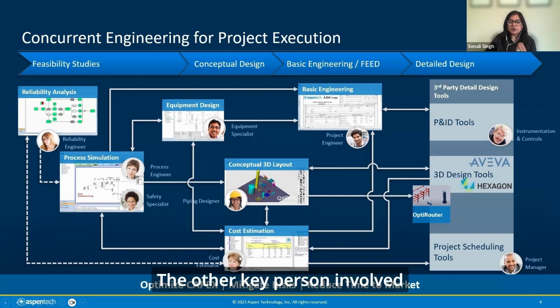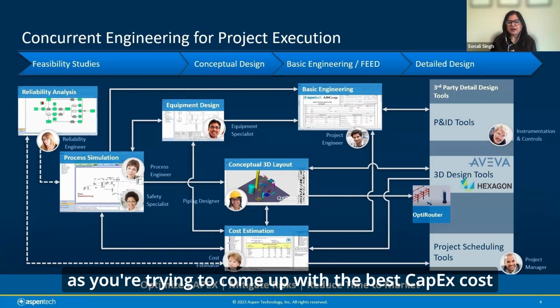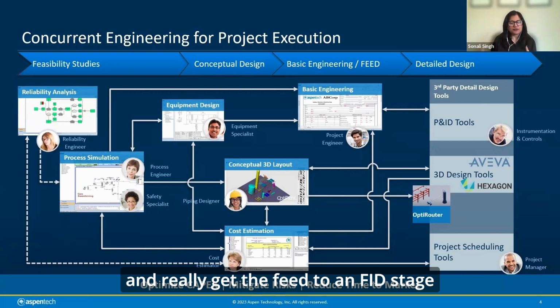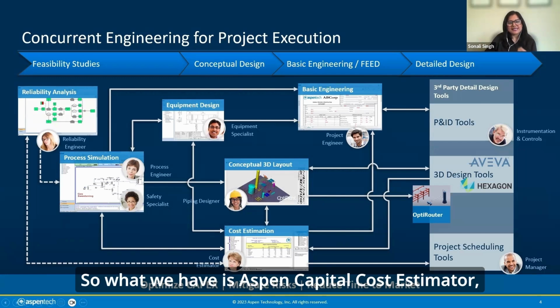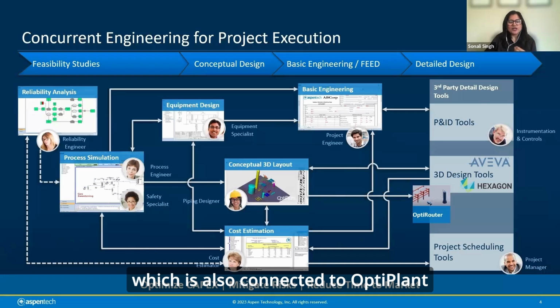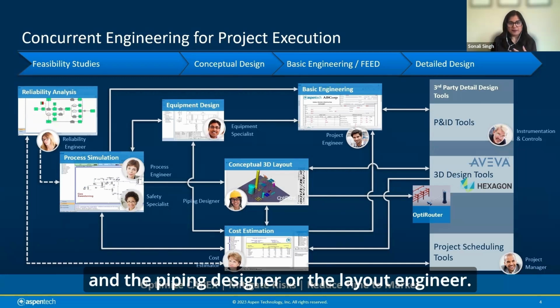The other key person involved is usually the cost estimator, especially at this stage of the project, as you're trying to come up with the best CapEx cost and get the feed to an FID stage and into detailed design. So we have Aspen Capital Cost Estimator, which is also connected to OptiPlant, and you can work simultaneously between the cost estimator and the piping designer or the layout engineer.